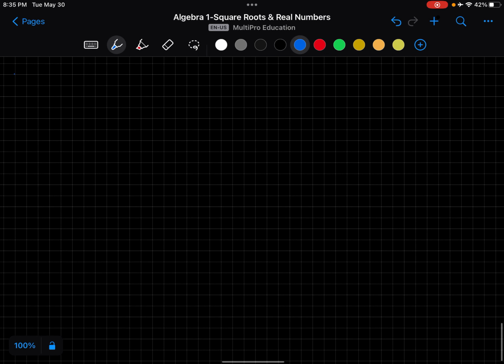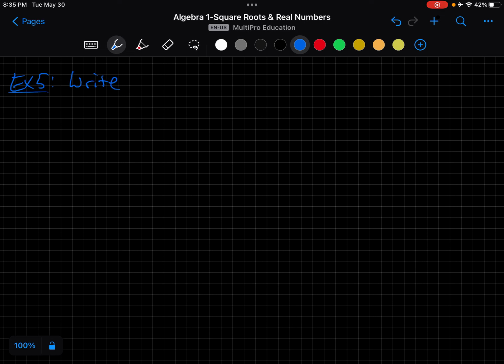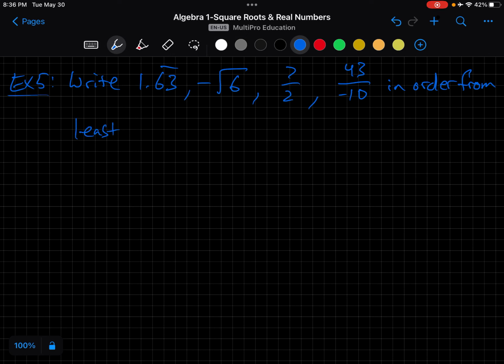All right, let's look at another example here. Okay, we want to write 1.63 with the 63 repeating, negative square root of 6, 7 over 2, and 43 over minus 10 in order from least to greatest.